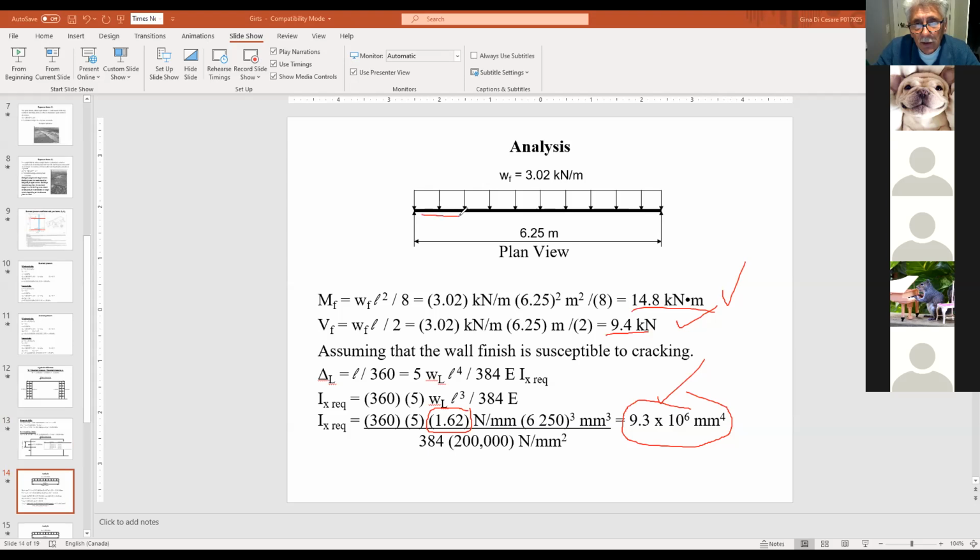It's being supported from column to column, and there's the load being added to it, so it becomes just a simply supported beam, and we design it the same way you would design a beam. The only difference is that the loads are acting horizontally against the beam.